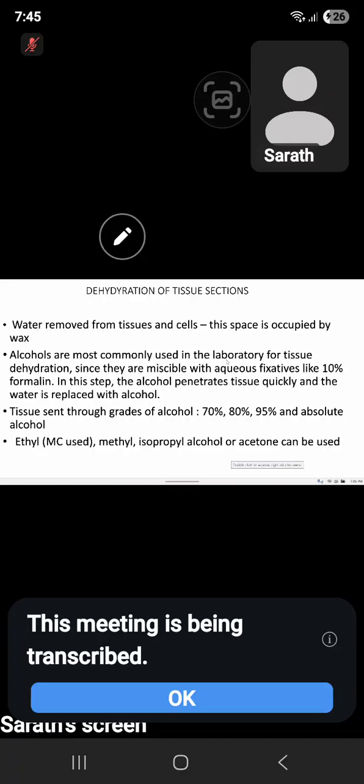So tissue is sent through the alcohol series, starting from 70%, 80%, 90%, and absolute alcohol, ascending grades of alcohol. We can use ethyl alcohol, methyl alcohol, isopropyl alcohol, or acetone. But in the Sri Lankan setup, almost all the laboratories are using ethyl alcohol as the dehydrating agent.